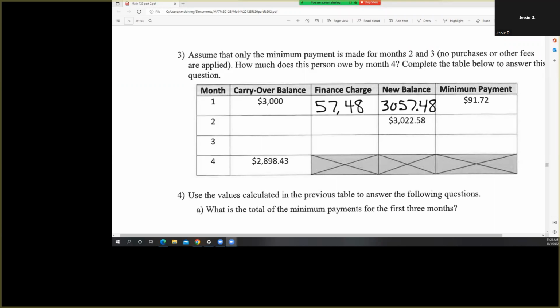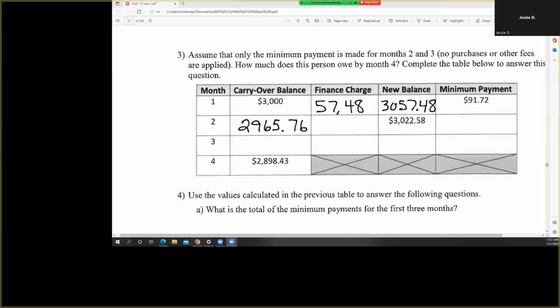So the 9172 that we came up with was obviously right. We take the 9172 away from the new balance to get the 2,965.76. That we also figured out on the previous page.